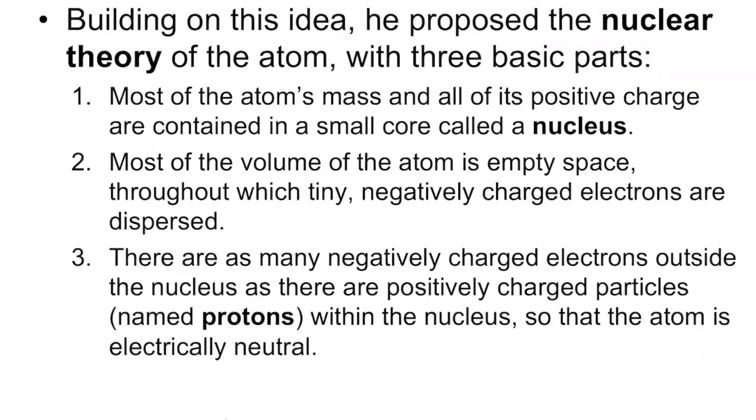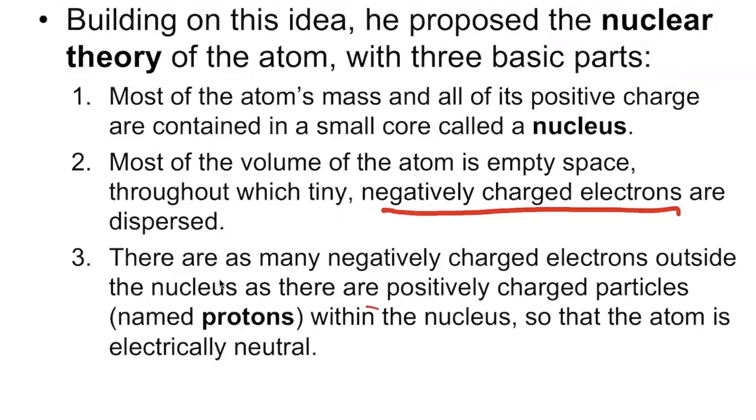In this empty space, there were negatively charged electrons. So the electrons and the protons are not together. The electrons are in this outer space, and inside the nucleus there are positively charged particles, which are called the protons. So that was what we knew so far.